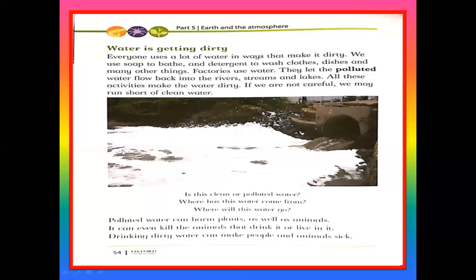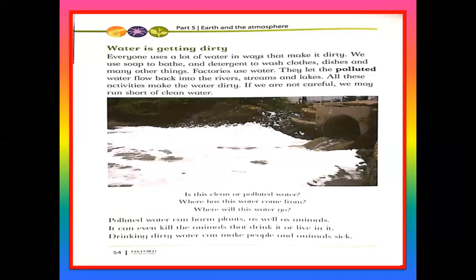Okay? This is how water is getting dirty and why water is getting dirty: through what we do with water. We know that in every home, every person uses a lot of water, and there are different ways of using water and also different ways of making it dirty.